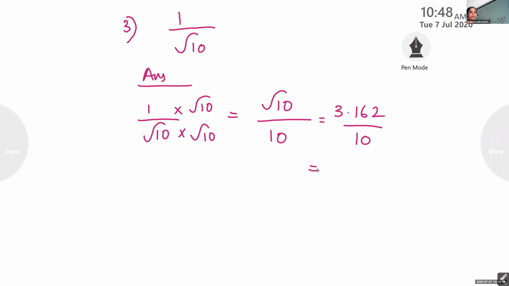No need of normal division. So what is the answer? 0.3162.